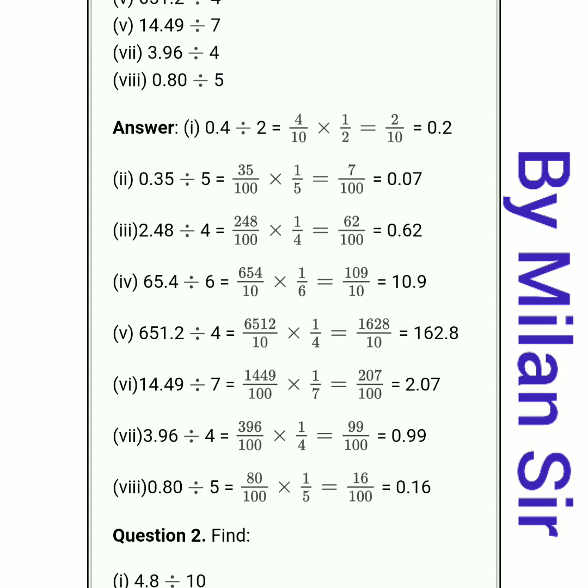Our first number remains as it is. That means if we have 0.80, so 80 upon 100, it is as it is. But for conversion of division into multiplication, we take the reciprocal of the second number only. Then we simplify it, and again we convert our answer into a decimal number.